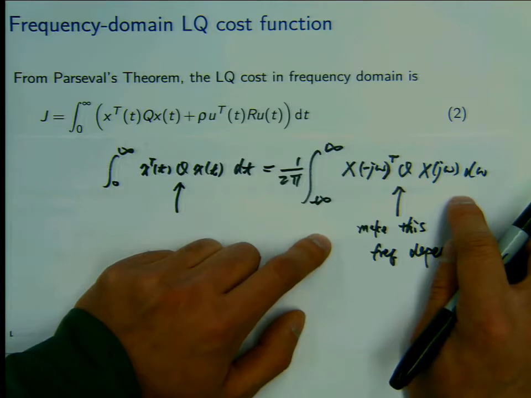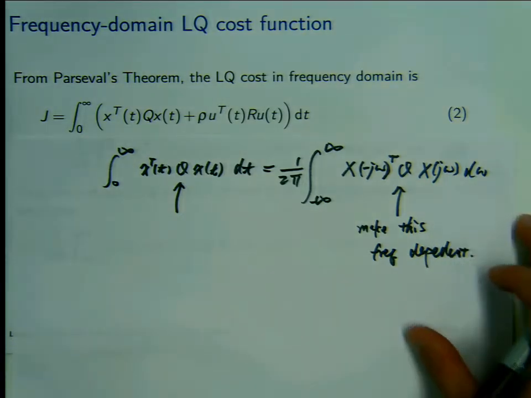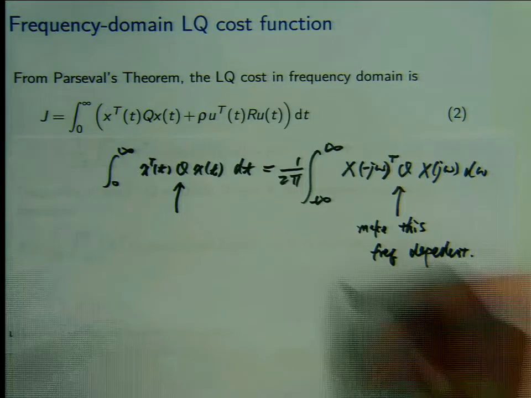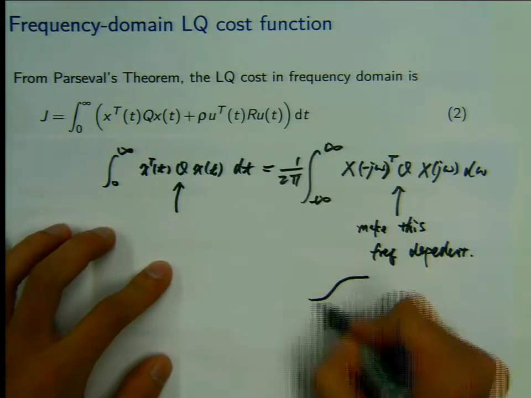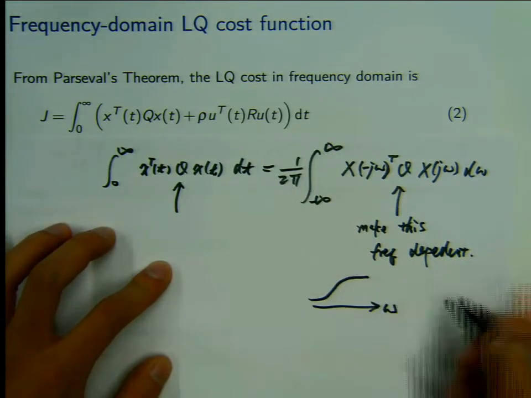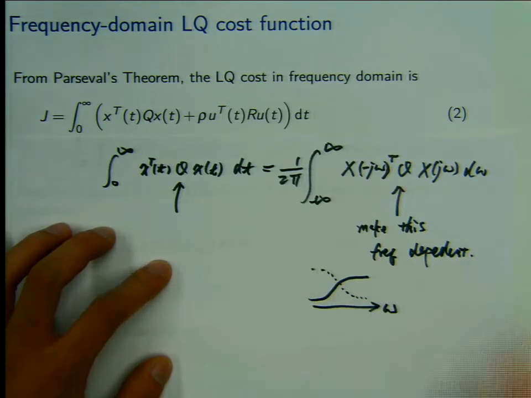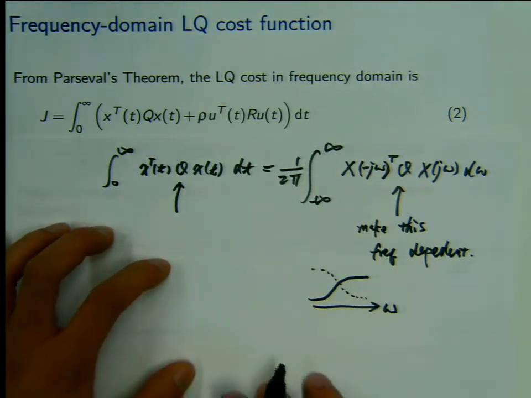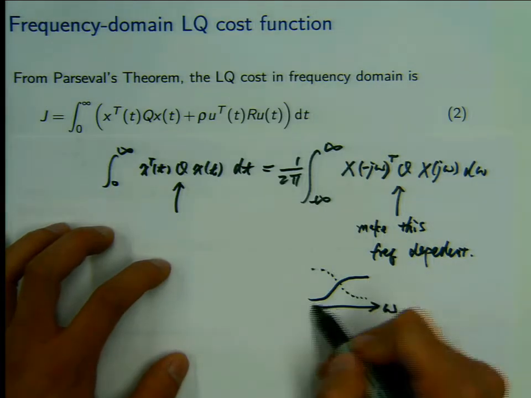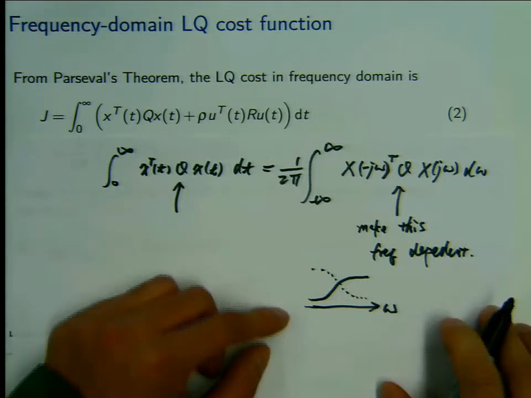Should Q be, let me give you some choices, high pass, something like this, if this is frequency, or something like this? High pass. Can you explain why it is high pass?